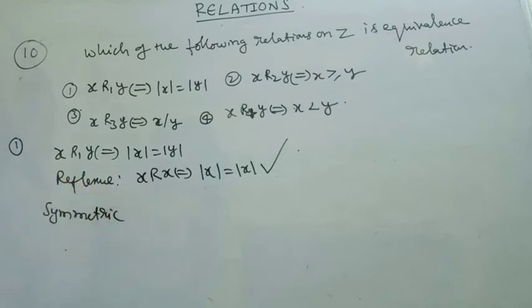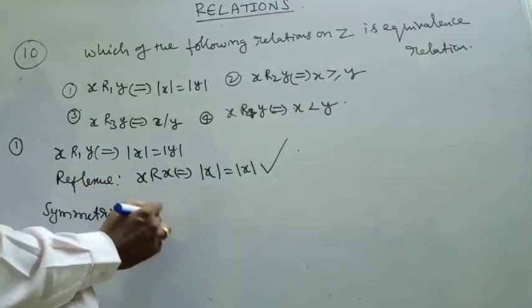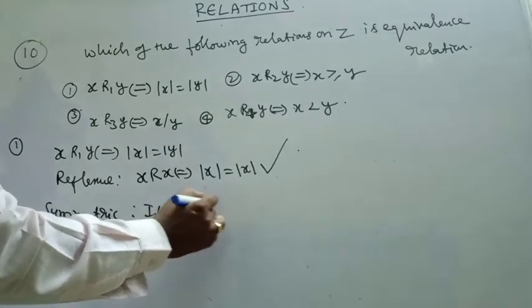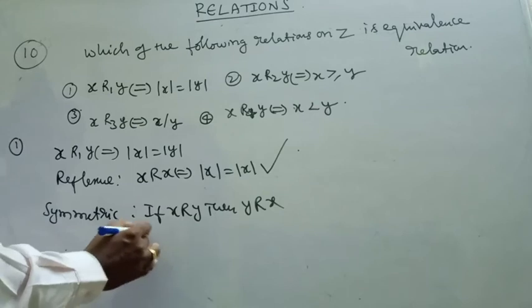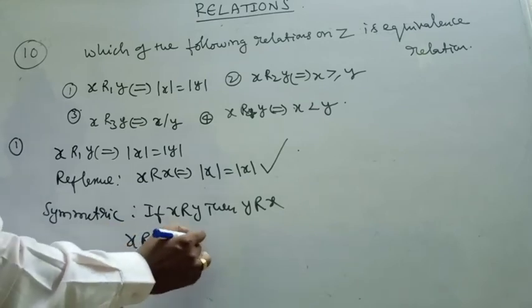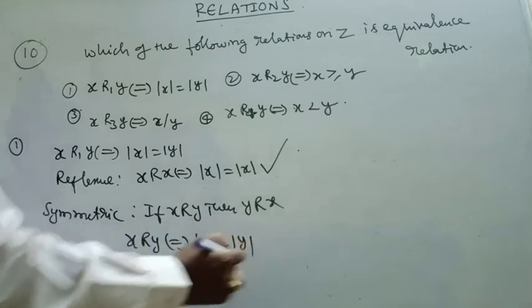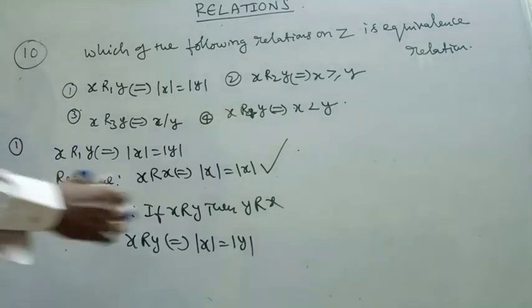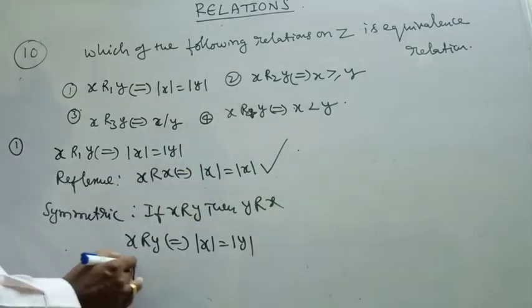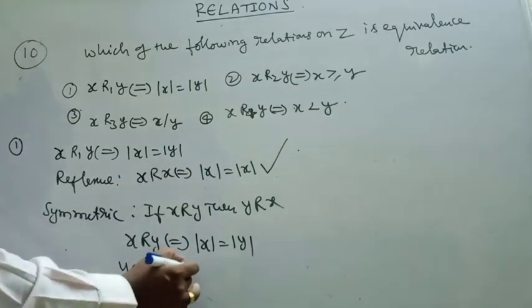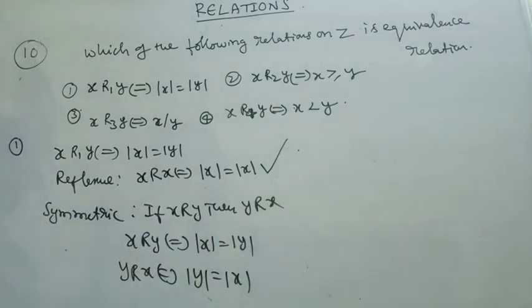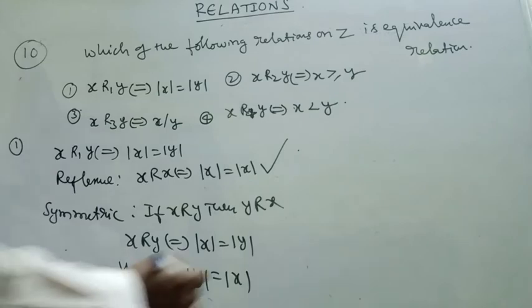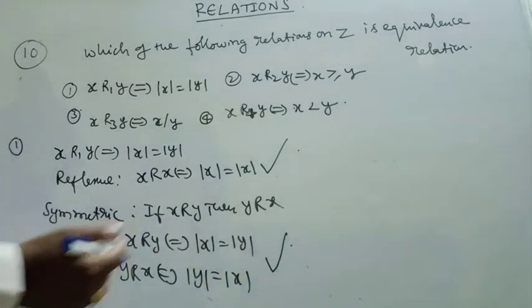Symmetric means if X related to Y, then we should prove that Y related to X. X related to Y means mod X is equal to mod Y. This is given. Now Y related to X means we should prove that mod Y is equal to mod X. When mod X equals mod Y, obviously mod Y is equal to mod X. That means it is symmetric, no doubt in it.